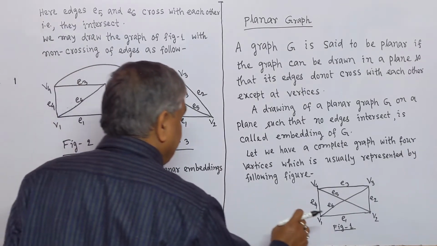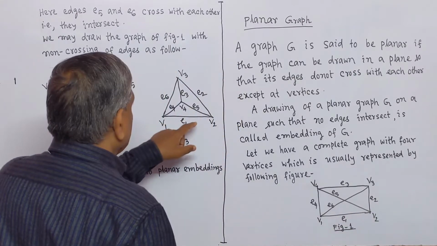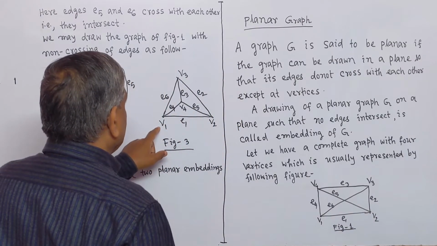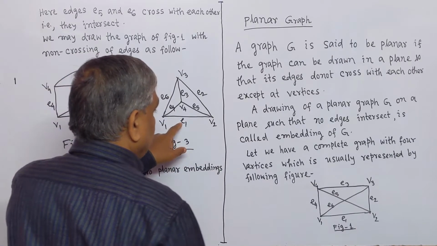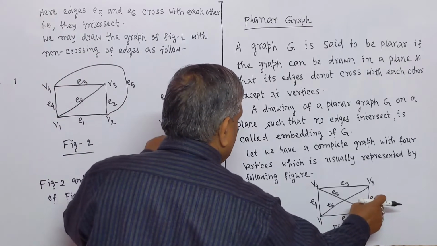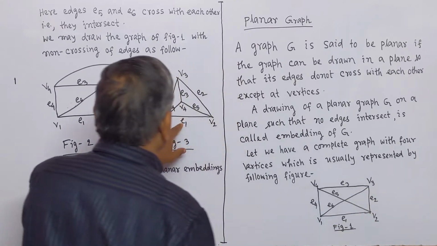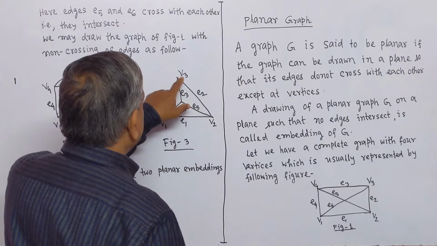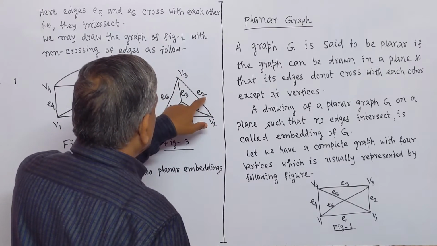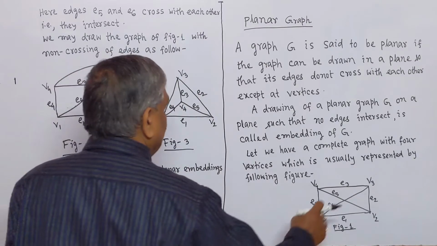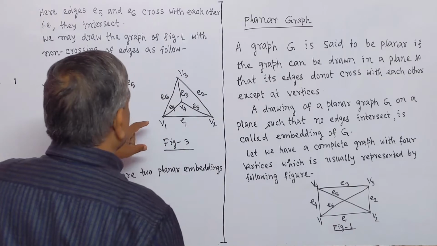Here we see that the edge connecting V1 and V2 is E1, and here also the edge connecting V1 and V2 is E1. The edge connecting V2 and V3 is E2 in both. Similarly, the edge connecting V3 and V4 is E3.